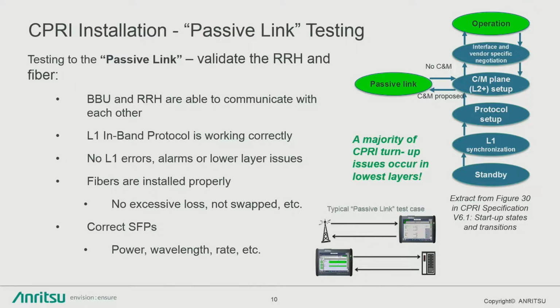Okay? So how did we use this? Our customers came to us when they were installing these 4G sites and testing. What they were asking for is, how do we verify that our CPRI protocol is working correctly, that we're able to communicate from the radio to the baseband unit? Were we able to identify errors and alarms?